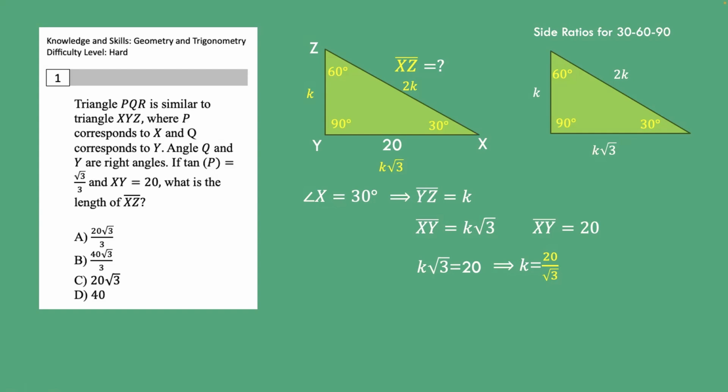The hypotenuse XZ is 2k, which equals 40 over square root 3. To rationalize the denominator, we multiply the numerator and denominator by square root 3. Therefore, 40 square root 3 over 3, choice B.